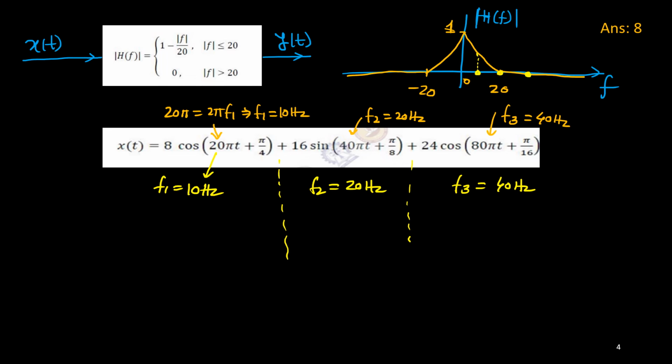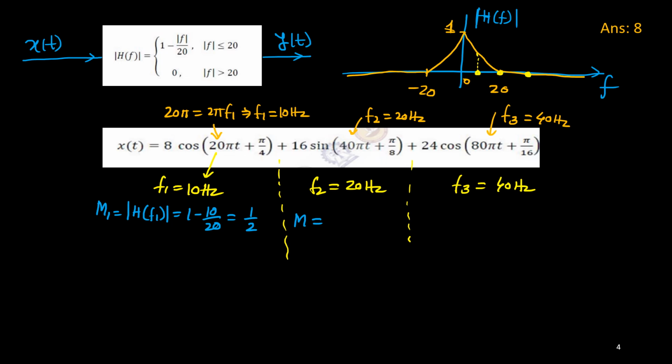Now, we'll calculate the magnitude of H, M1. So M1 equals magnitude of H(f1). And from this figure, its value is 1 minus 10 by 20. So 1 minus half is again half. So magnitude is half.